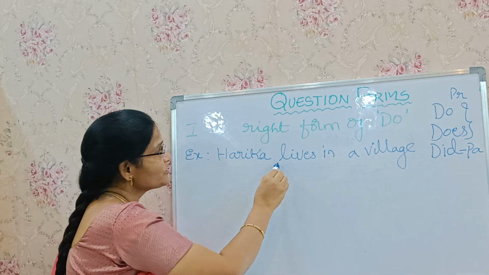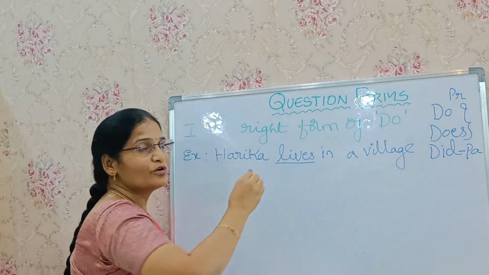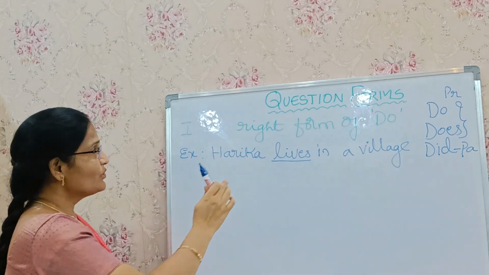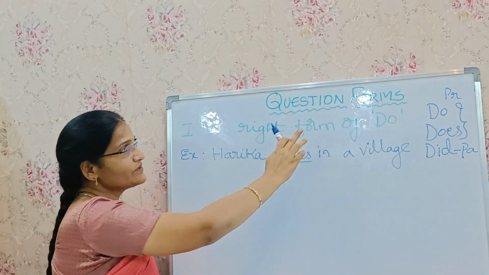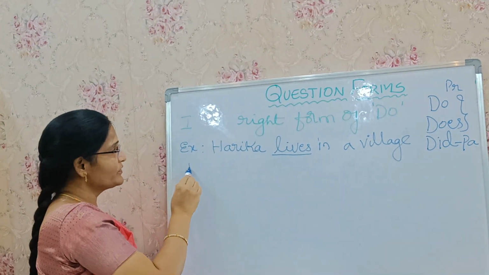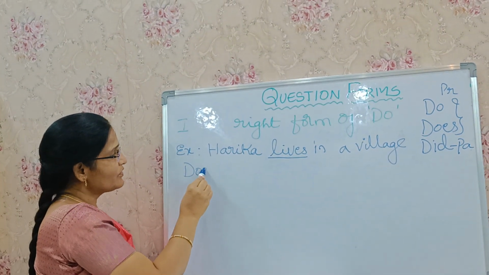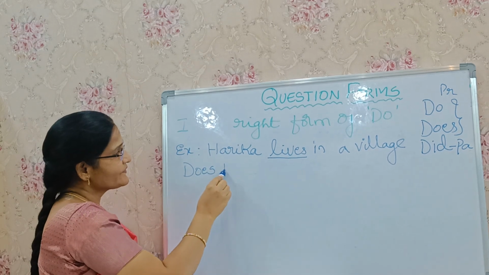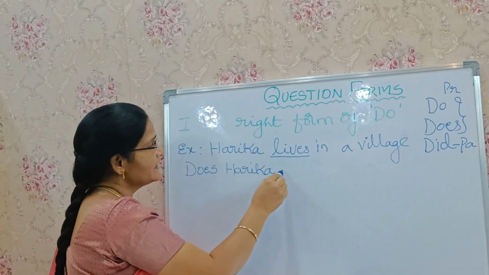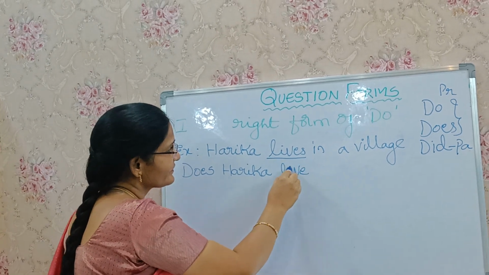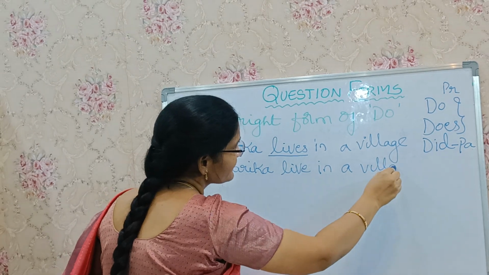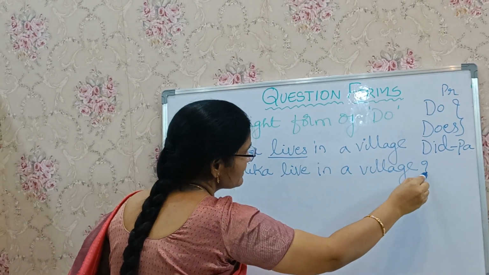What you have to see here is the verb. The verb here is in the present. When it is in the present, accordingly you have to take the present do form of the verb. So you have to start with: Does Harika live in a village? A question mark is a must.